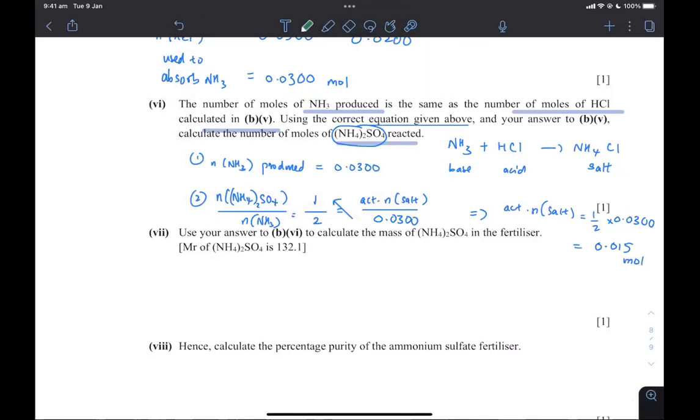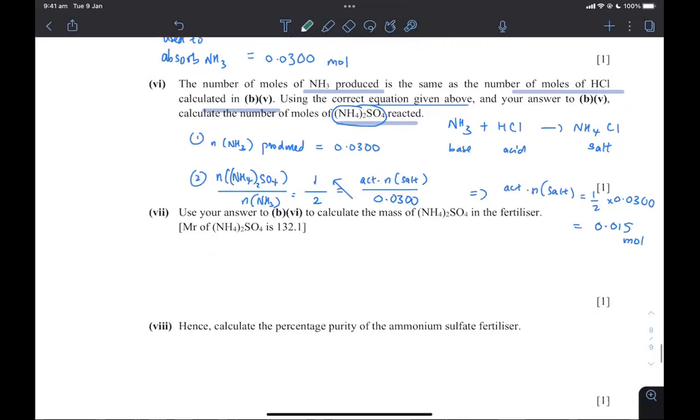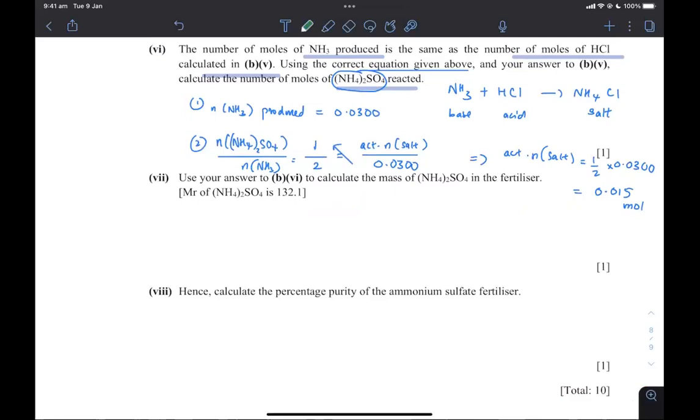because once you understand how to do one, you should be able to apply the same concept, such as drawing the kind of simple diagram I drew, labeling your stuff properly, and not just randomly putting in your working. Now I have the mole of the ammonium sulfate. I want the mass.